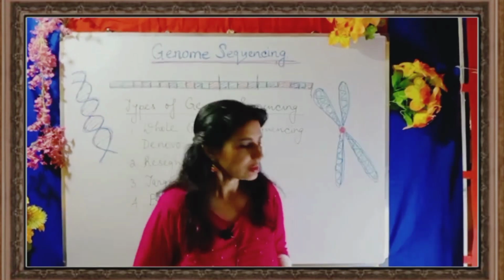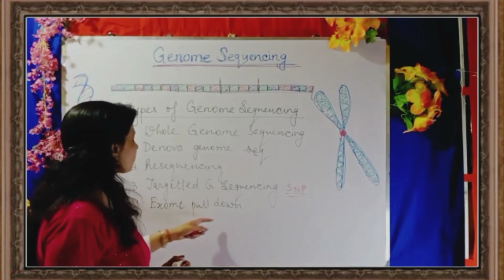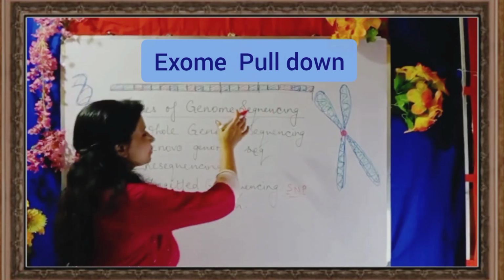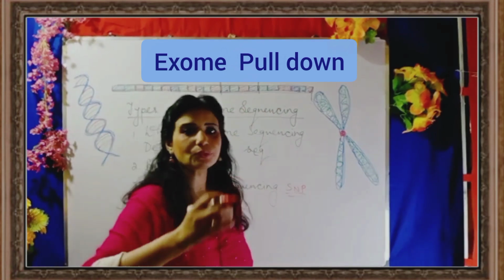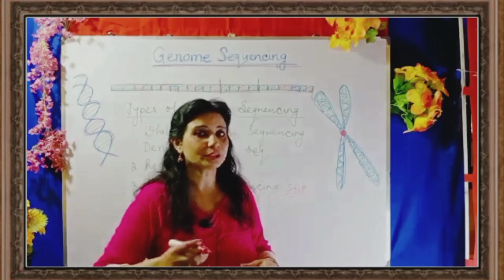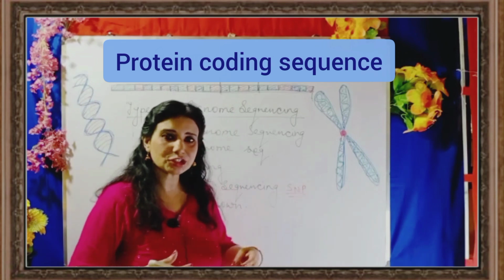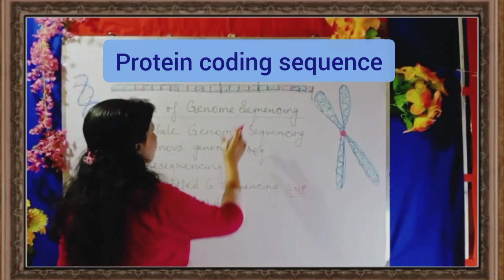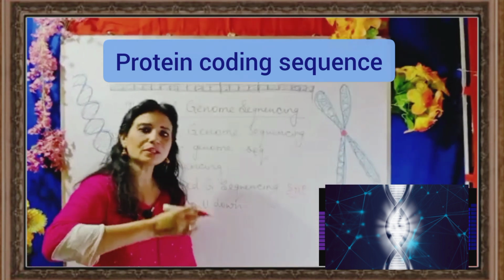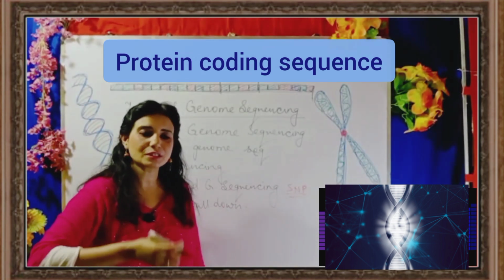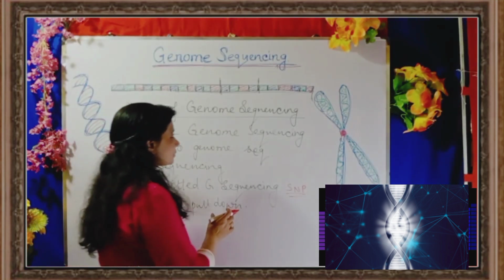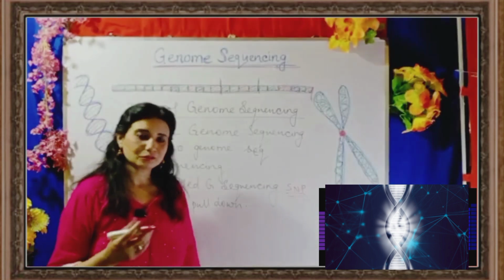And the very last point is exome pull down. What is an exome? See, within the genome there are regions where only the protein coding sequence is present, that means the genes which code only for protein. A whole collection of that region within the genome, a region that has only the instructions to make proteins, is known as the exome, and that section will be sequenced.